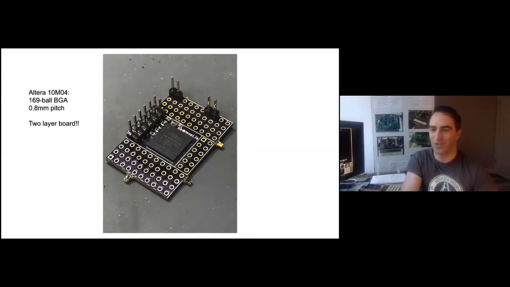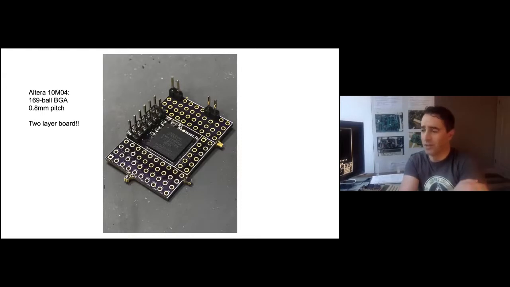I figured that if I could get it to work on a 2-layer board, then it's practical to make tiny 4-layer boards, but it's also quite practical to make quite large 2-layer boards. They're pretty affordable. So if I could get the BGA chip working on a 2-layer board, then I could have a fairly retro-looking board with just this one BGA chip right in the middle, and that opened up lots of potential.